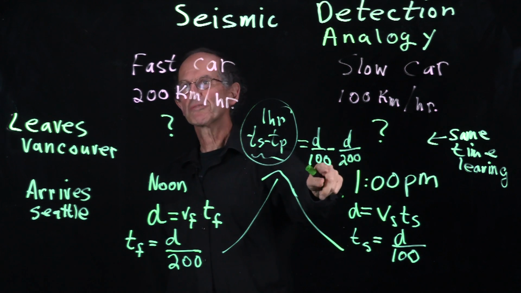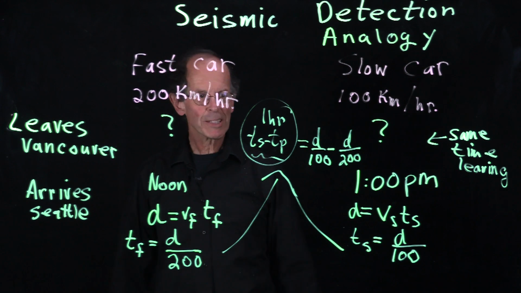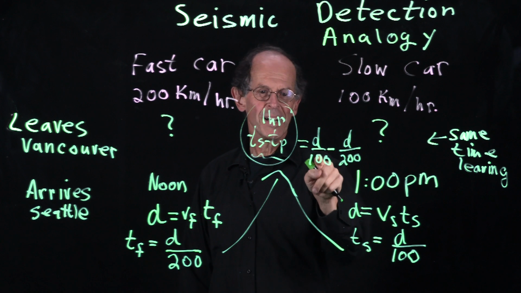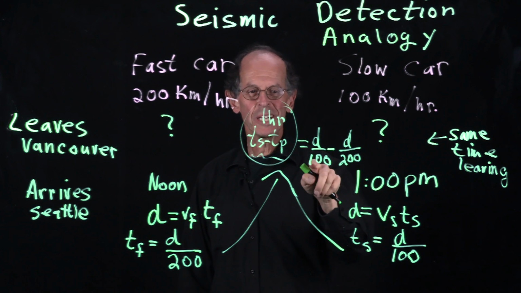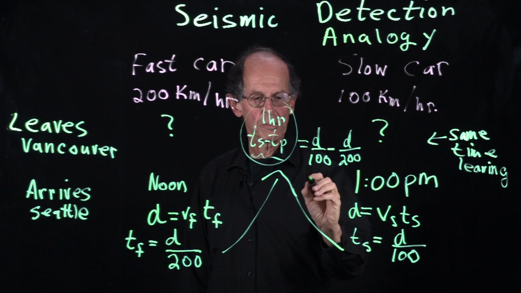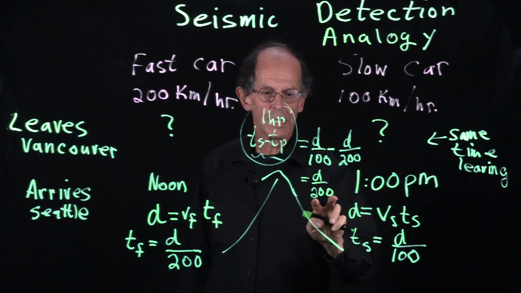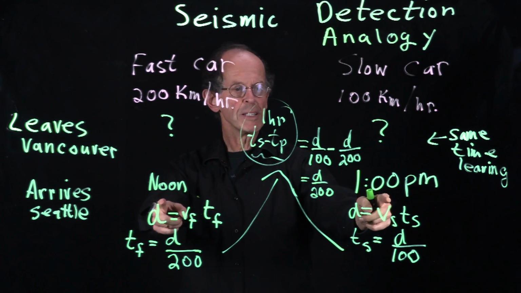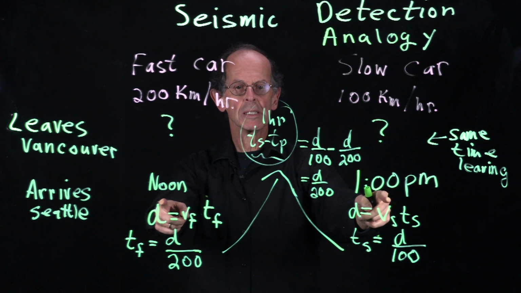Well, we can do this, right? That's an easy fraction to subtract. This is equal to, well, how many 100s are there in a 200? There's 2 of those. So this is equal to D over 200. That's in kilometers per hour. The time difference is 1 hour.